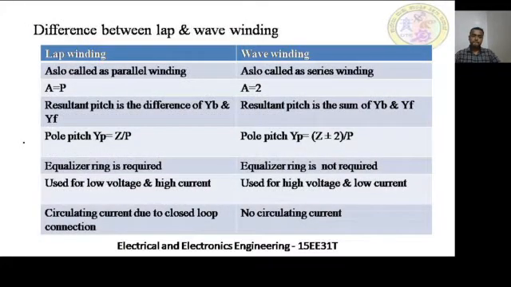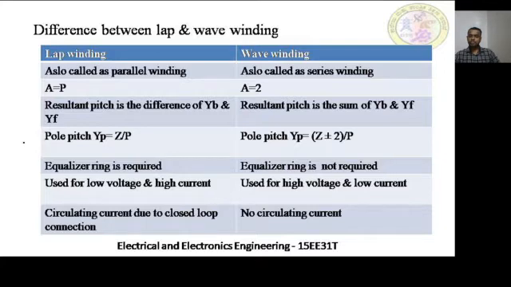Next is the difference between lap and wave winding. These are the differences we come across. The first difference: lap winding is also called parallel winding, since each coil or each turn is parallel to one another.